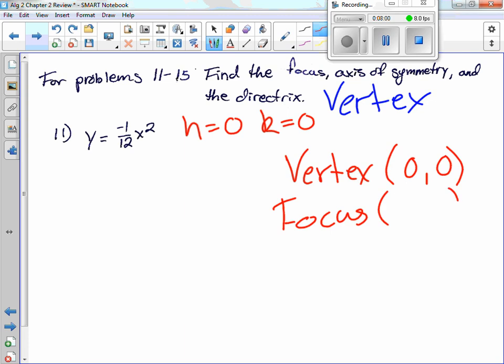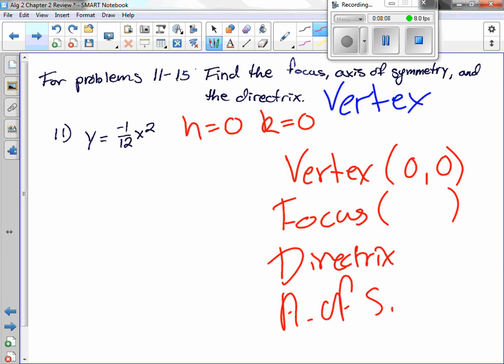Focus, directrix, and axis of symmetry. Now the axis of symmetry is going to be what? X equals h. Well, that's just 0. H is 0, yes? The directrix is going to be y equals k minus p. But we don't have p. Well, we know k is 0, yes?